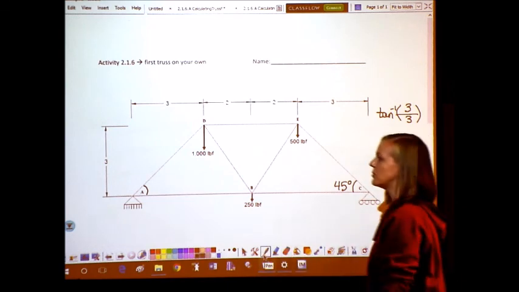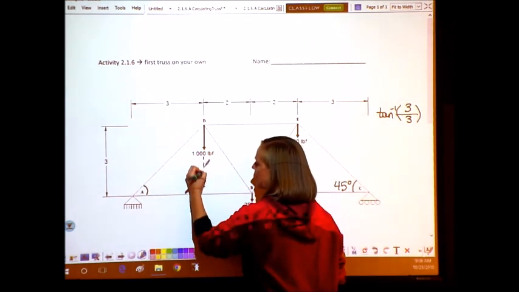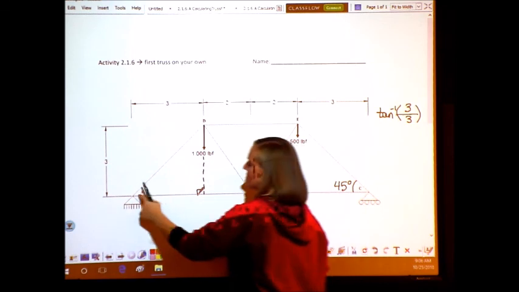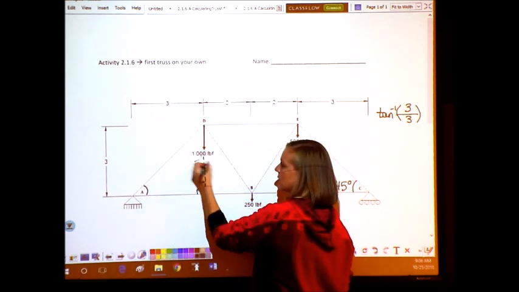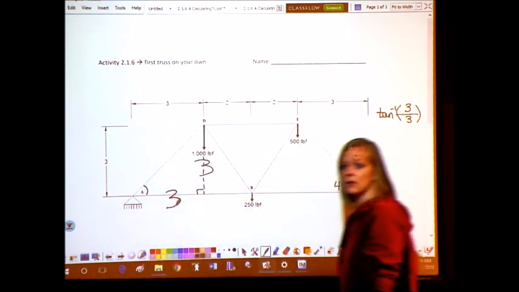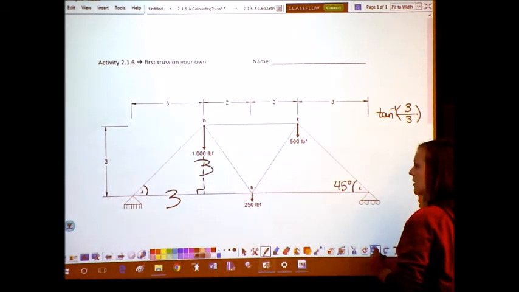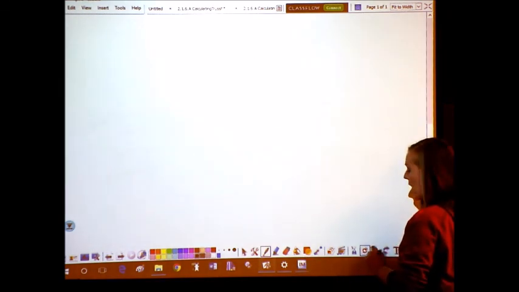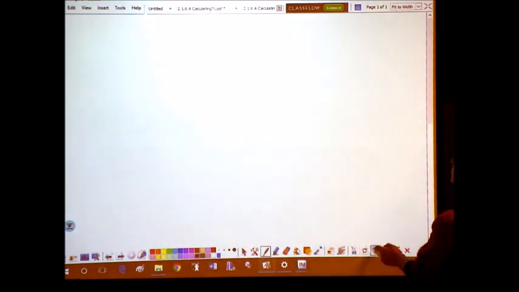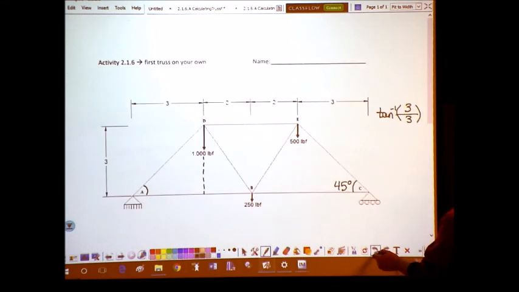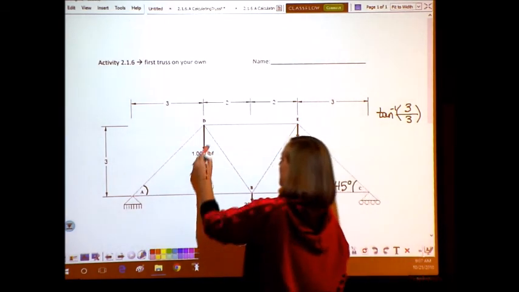Now over here, good news. If I dropped this down, if I did tan of this, wouldn't it be 3 over 3 again? Yeah. So that's going to be what over there? 45. That's awesome. Okay. I had a moment, but we're good now.